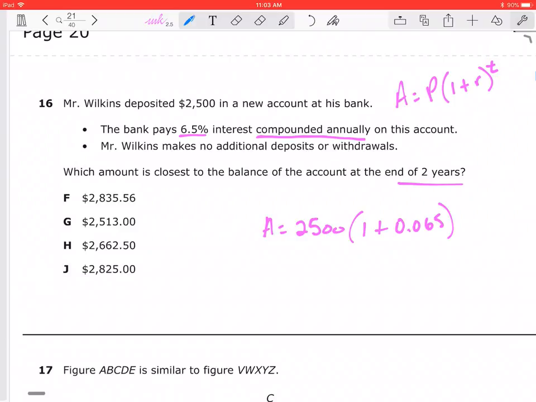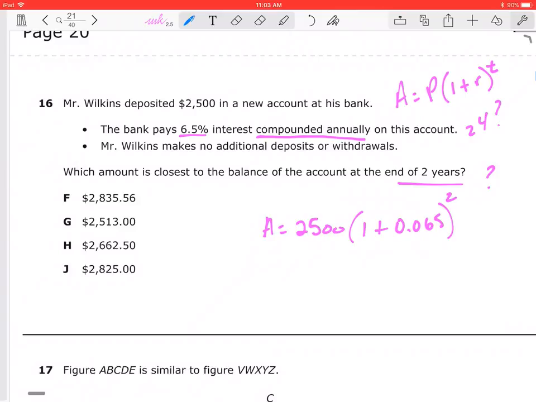Let's see, do we need to use 2 or do we need to use 24? Usually time is done by months, but let's check. I don't know if I'm going to be able to do that on this calculator or not. We'll see.